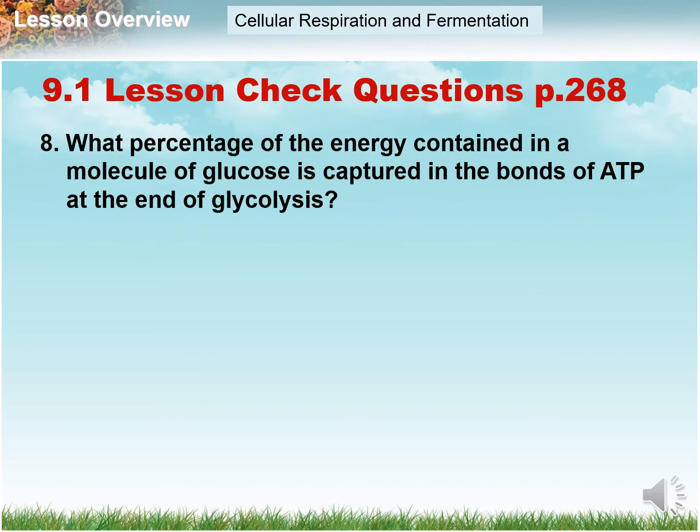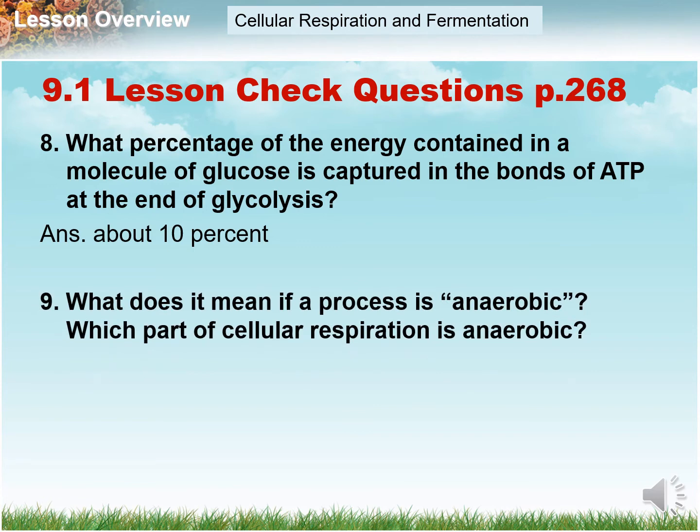Number 8 question in page 268. What percentage of the energy contained in a molecule of glucose is captured in the bonds of ATP at the end of glycolysis? The answer is about 10%.